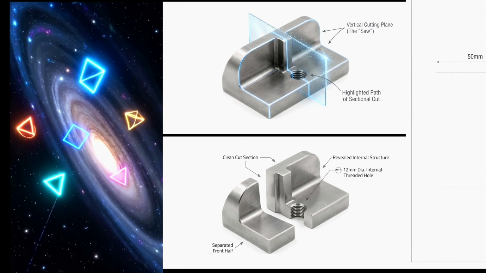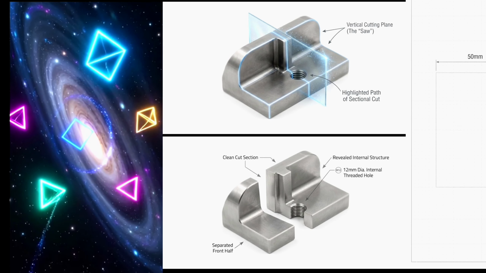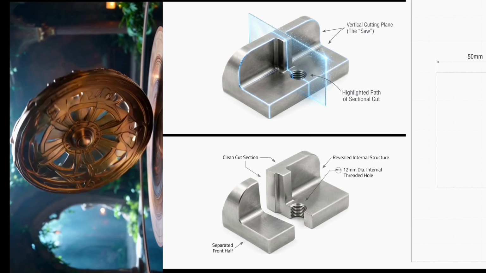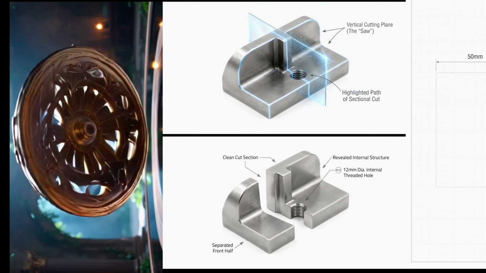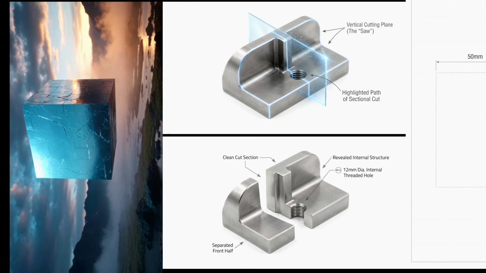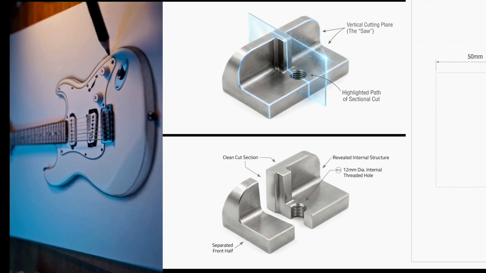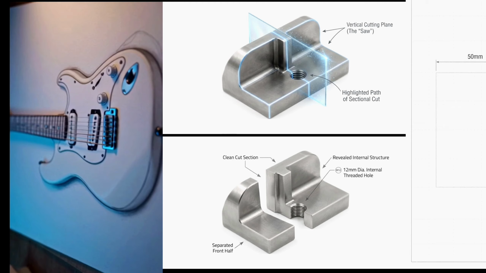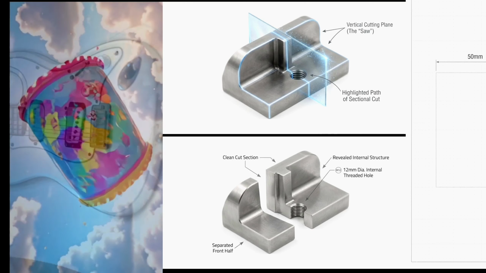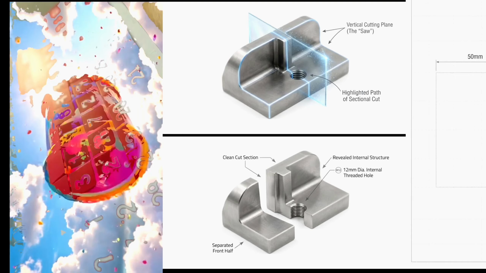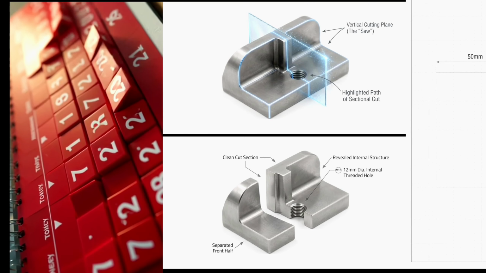The rib and slot: finally, draw the 12 mm thick central rib connecting the cylinder to the base and mark the rectangular slot on the opposite side. Now that our map is ready, we use vertical projection lines from every corner, hole center, and edge to move upward into the front view. This ensures 100% dimensional accuracy.